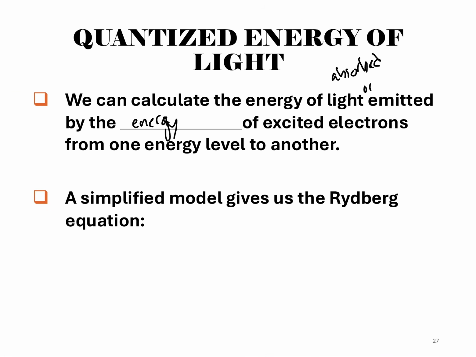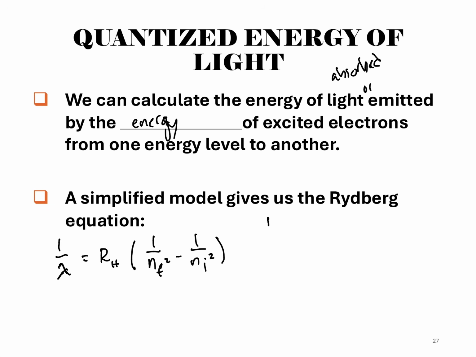And from the simplified model, the relationship that we get is called the Rydberg equation. The Rydberg equation says that 1 over the wavelength of light that's emitted is equal to the Rydberg constant, R sub H, times 1 over n_f squared minus 1 over n_i squared.